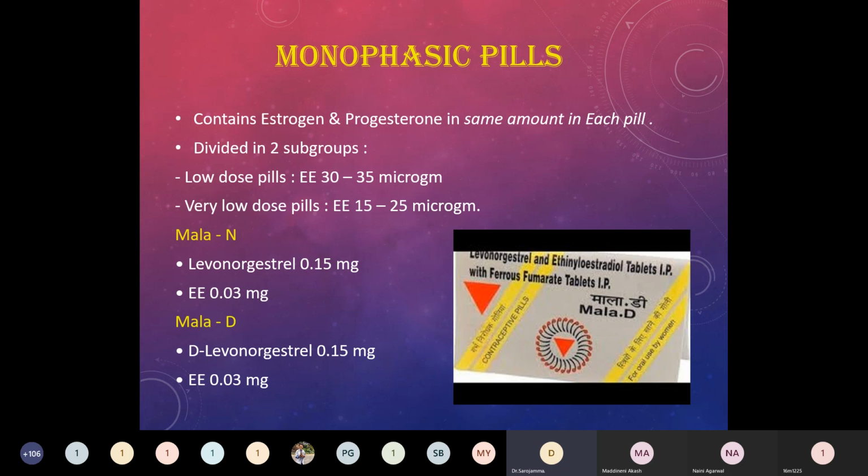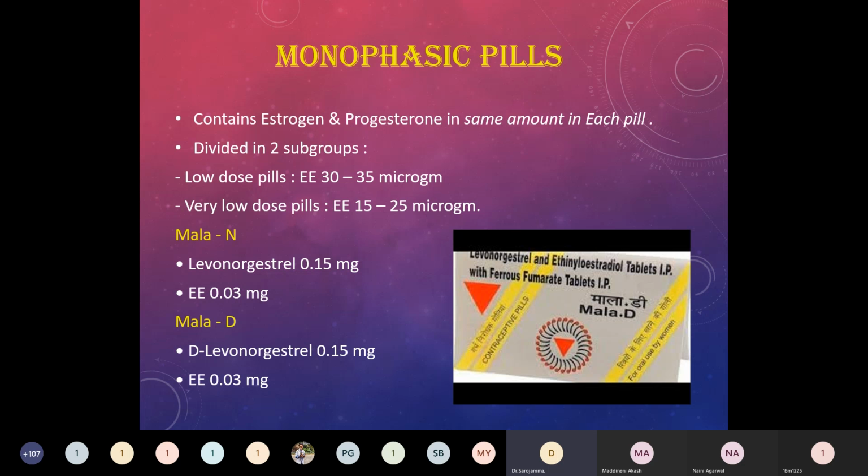Monophasic contains the same strength of estrogen and progesterone in all the tablets of the pack, be it a 21-day pack or a 28-day pack, and there is no change in the strength or concentration of the estrogen and progesterone. The commonly available ones are Mala D and Mala N, which are available through the Government of India, free of cost.